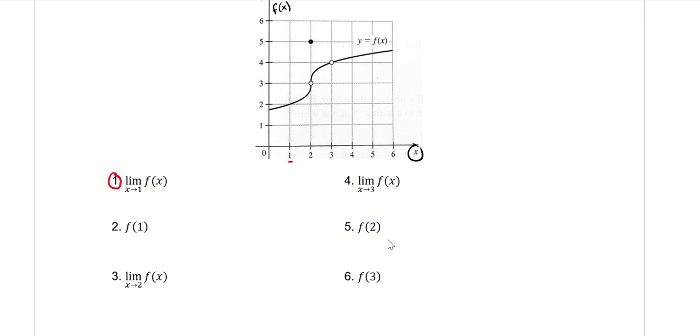If I go from the other direction, it looks like my function is approaching the same value, 2. f of 1 is 2. That's the value at 1. I care about the limit, so I'm not really caring too much about this point. I'm asking what's going on near that point. Well, the function looks like it's approaching 2, so my limit here is going to be 2.